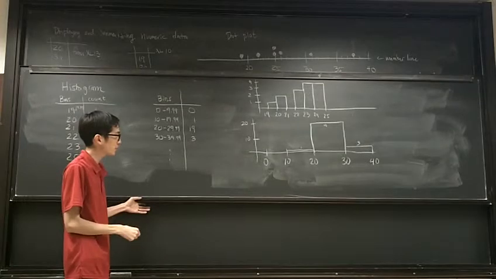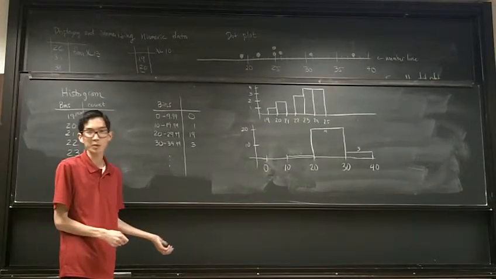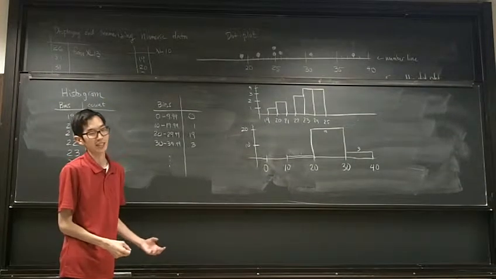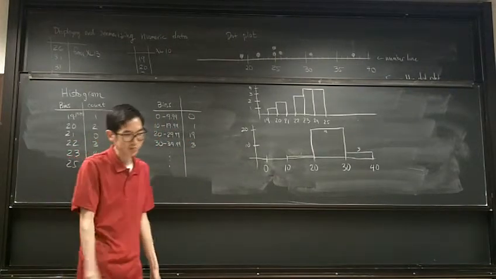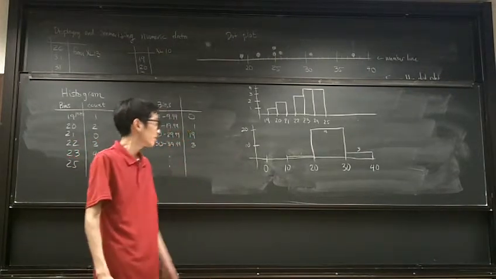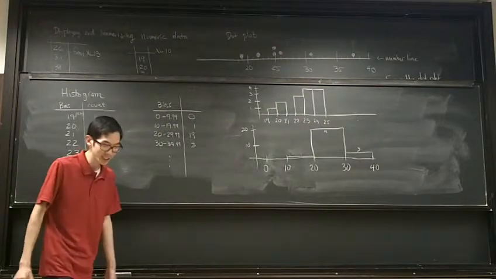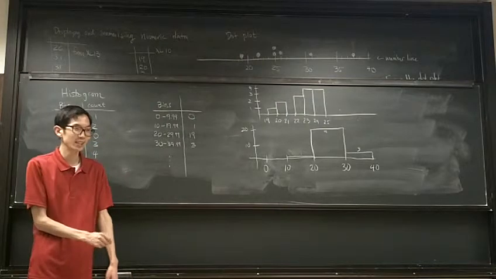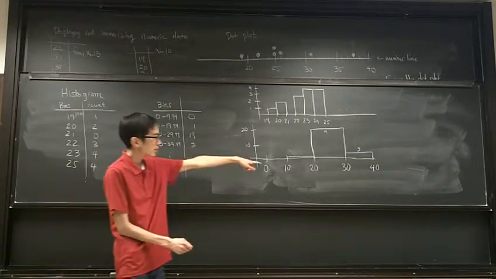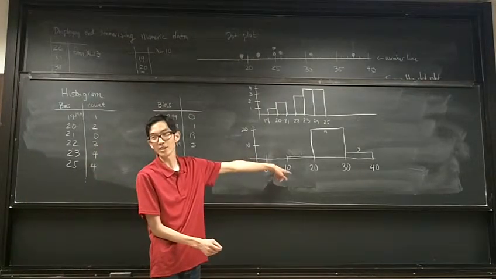So people ask questions: how wide should I make my bins? How do I choose how big to make my bins? Well, the answer is, it depends, and the choice is yours. Basically, if you got something like this, this is probably not enough bins.